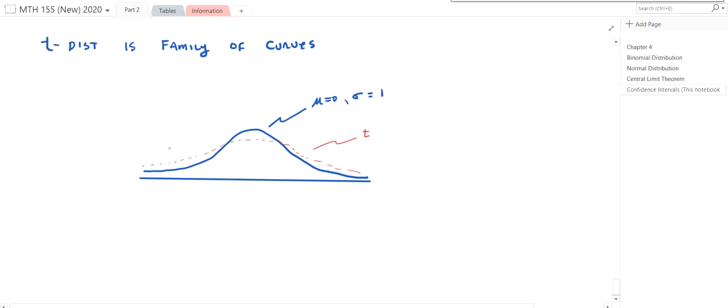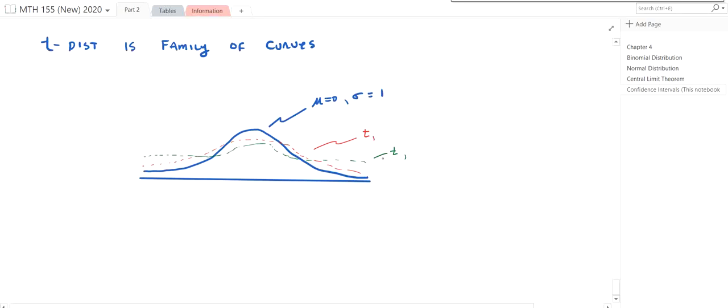And another t distribution might look like this, might come in a little higher. But they're still normal curves, bell-shaped, mound-shaped curves. But the difference between these is they're more spread out, so their standard deviations are different.